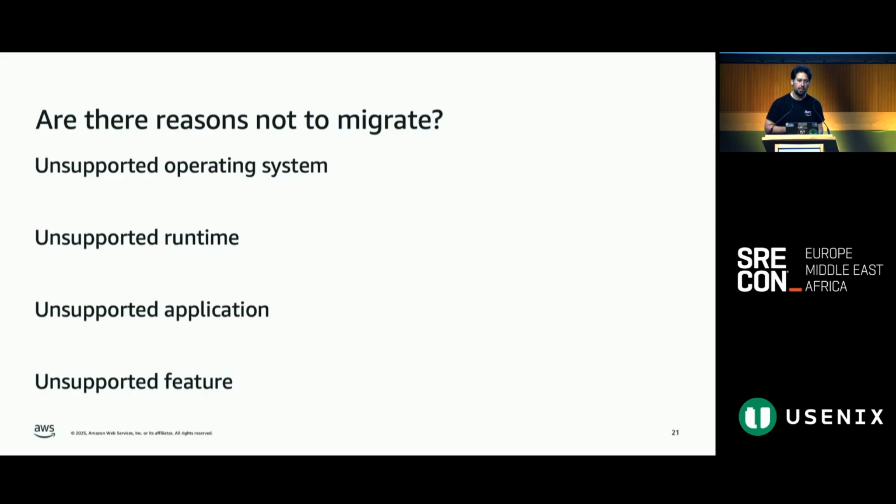OK, so in order to be completely fair, let's talk about reasons not to migrate to ARM64. There are technical reasons and non-technical reasons. Let's start with the technical reasons for the technical people. The first one is unsupported operating systems.